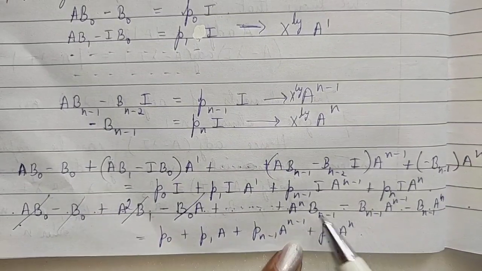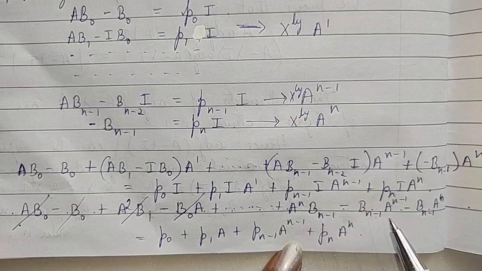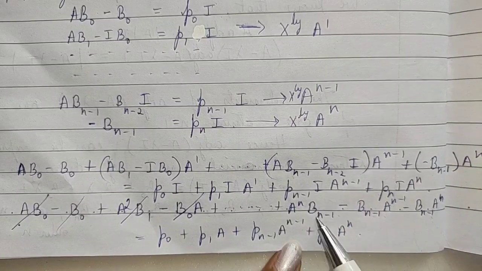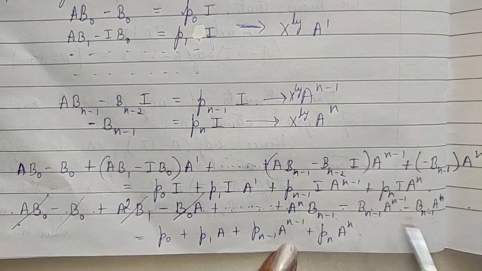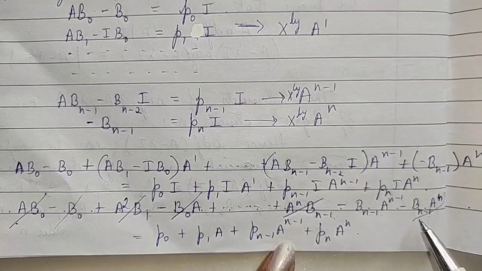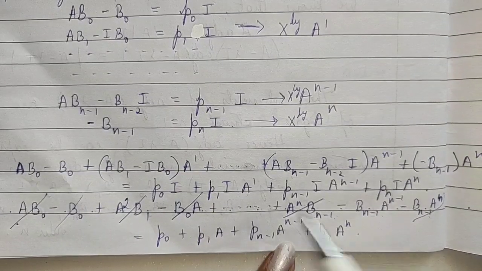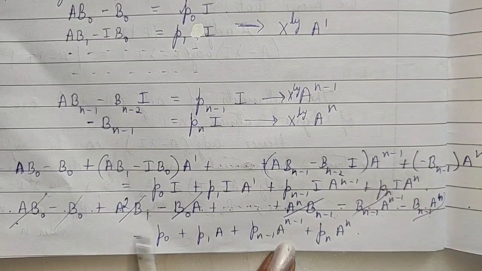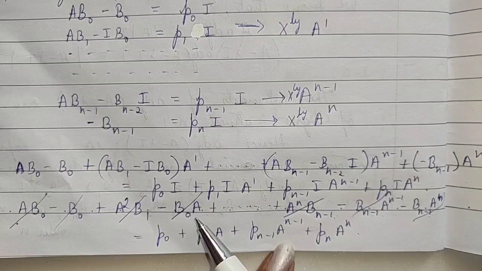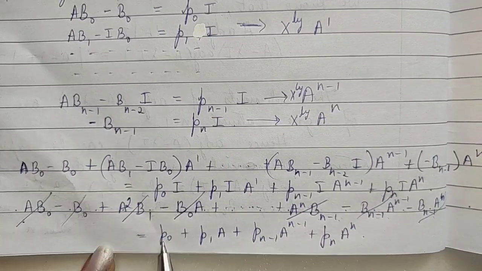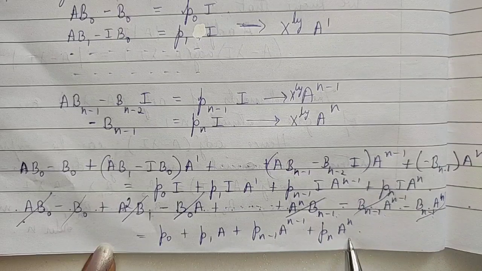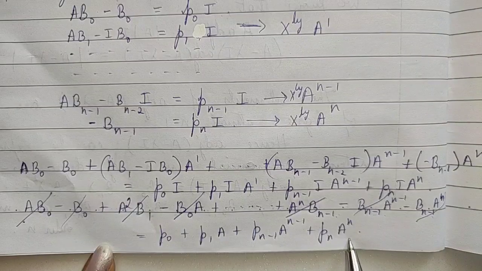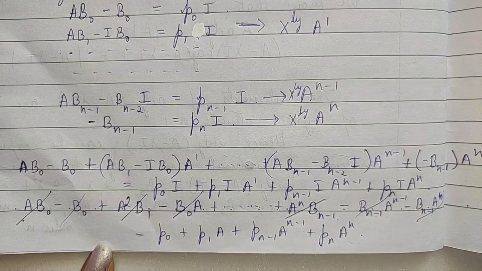Check this out here, B n minus 1 A power n, B n minus 1 A power n, so these two get cancelled. So this would have got cancelled with the previous term. So all these get cancelled and will be equal to 0. That means your RHS will be equal to 0. That is what you had to prove, right? So hence our theorem is proved.